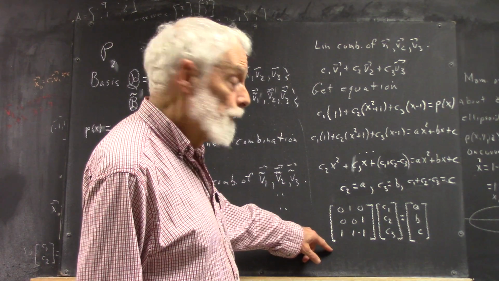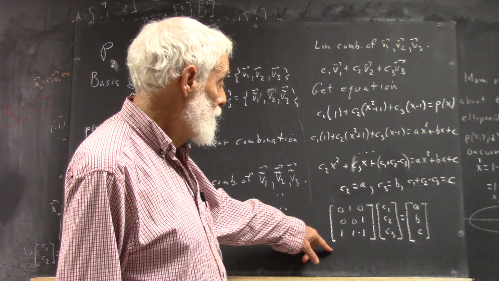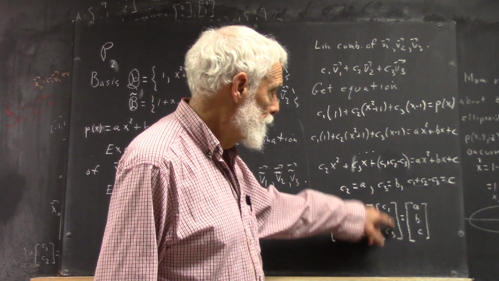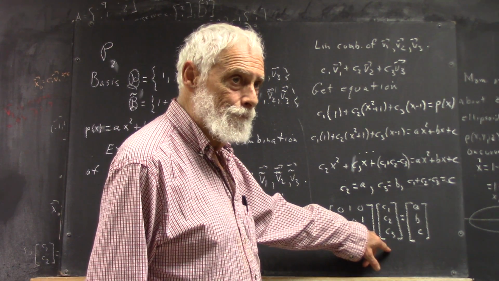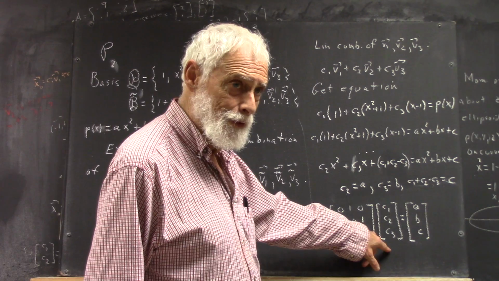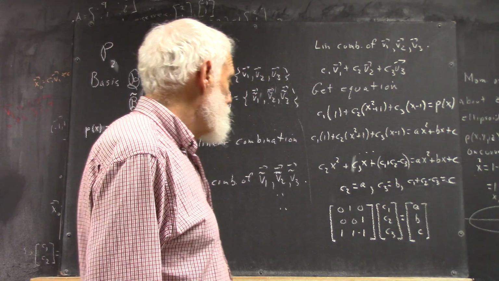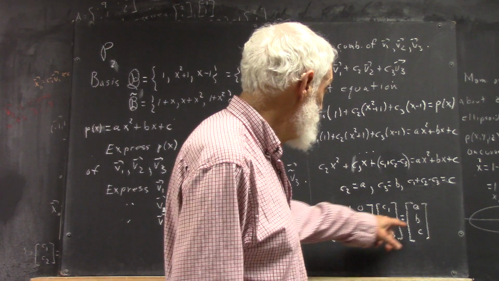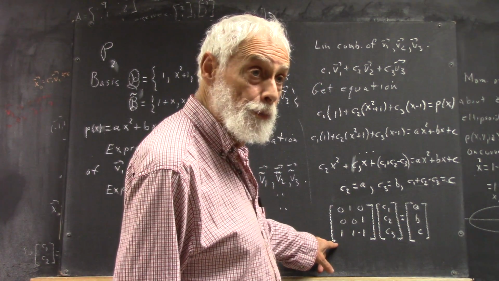So this matrix gives us a transition, okay? So if I want to know what the C1, C2, C3 are, I multiply this matrix by the inverse of this one.